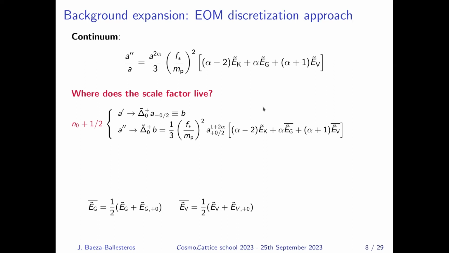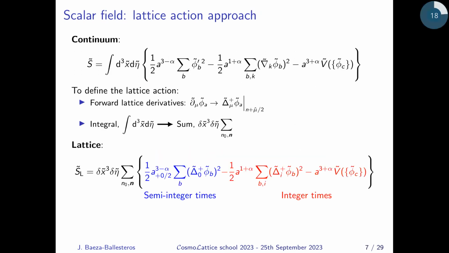The main thing to notice is that, as we have introduced before, the expansion of the universe is sourced by the energy densities of the different energy components of the scalar fields. And there are different ones: the kinetic term, the gradient term, and the potential term. And the problem here is that the kinetic term is related to the time derivatives of the scalar field. So let me go back to show this here.